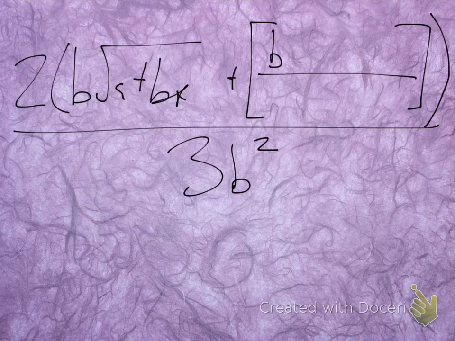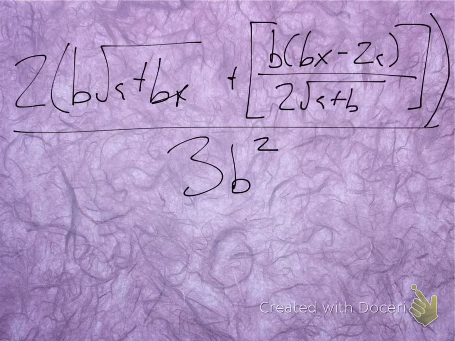So that was b times bx minus 2a over 2 times rad a plus bx. 2 times rad a plus bx. Okay. All that over 3b squared. Okay, and I think, let's just simplify this a little bit more, and then just, my goodness, we're done, right?